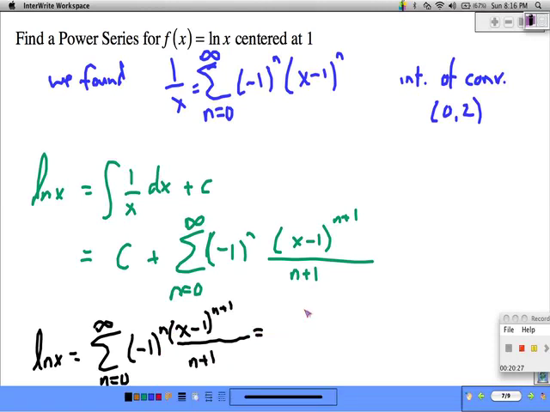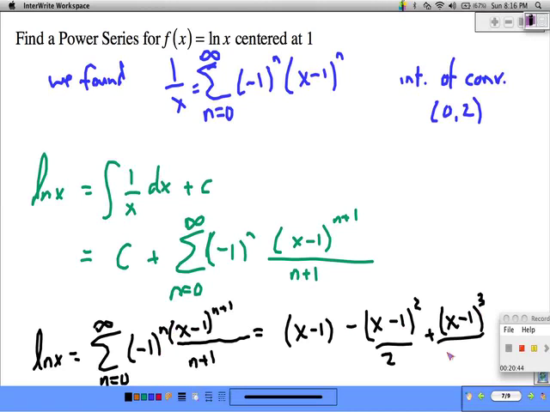And if we write this out, we are given x minus 1 minus x minus 1 squared over 2 plus x minus 1 cubed over 3 minus, and so on and so on. And really, we should be checking the endpoints for this.